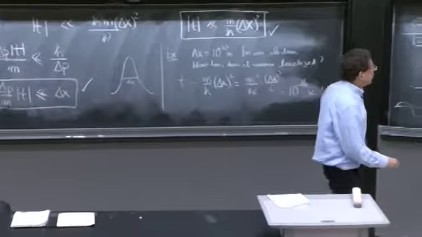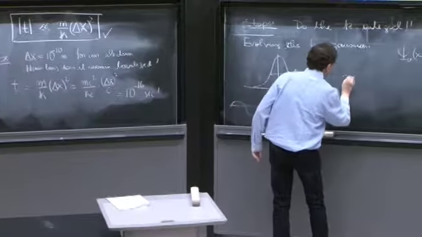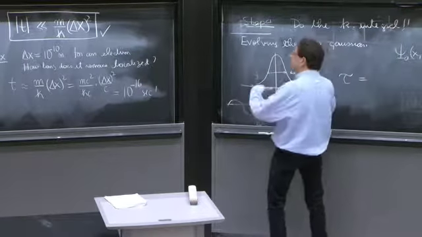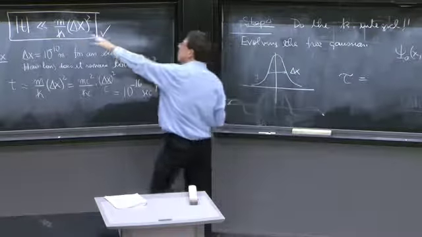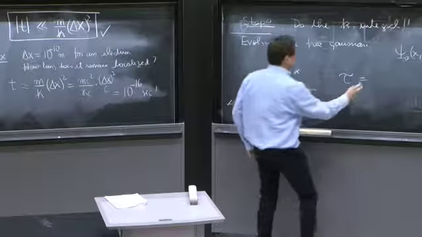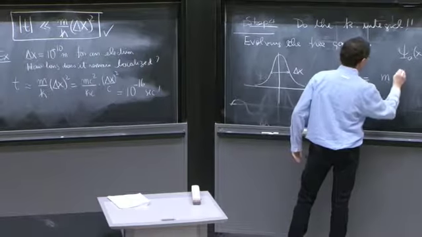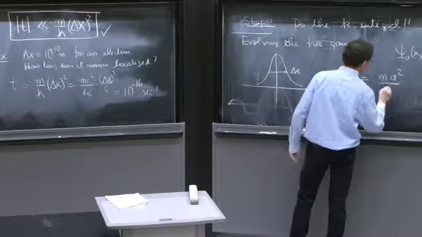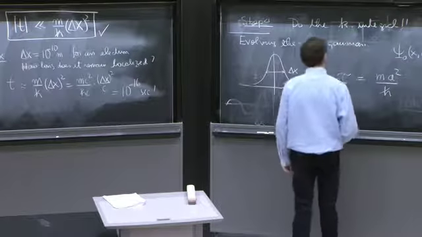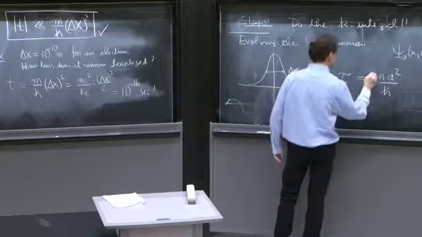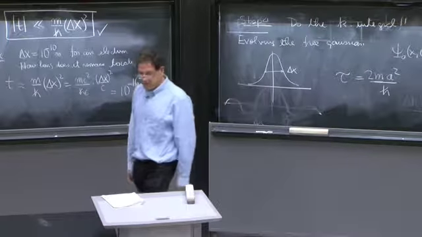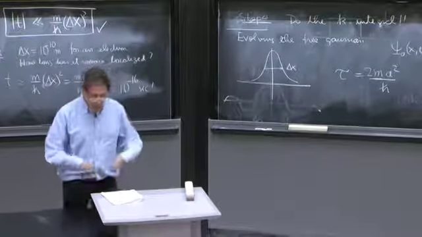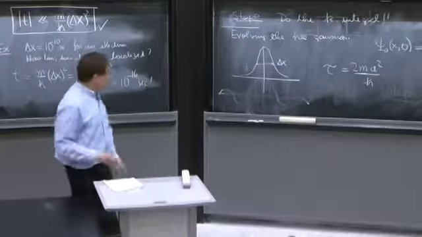So there will be some relevant time in this problem for which the width starts to change, and it will be related to m a squared over h bar. In fact, you will find that with a 2, the formulas look very, very neat. And that's the relevant time for deformation of the Gaussian.